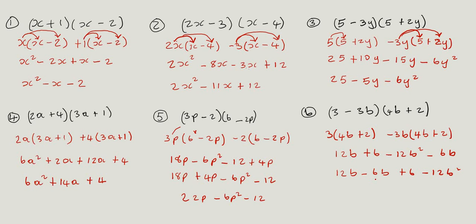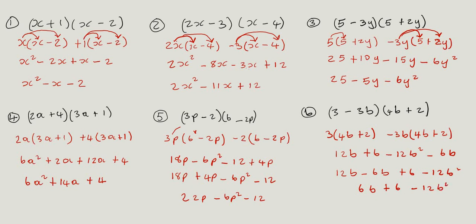So 12b minus 6b, that's going to give us 6b plus 6 minus 12b squared.